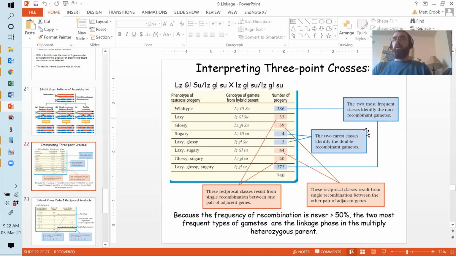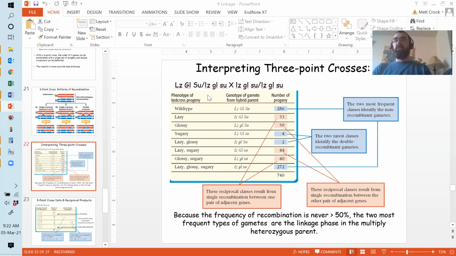Okay, so this is what a 3-point cross would look like. You're going to have a cross at the top, which is telling you what is going on. Typically, you'll have a heterozygote, which is this one on the left.